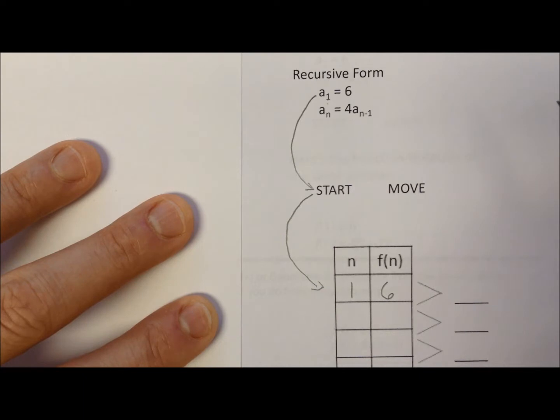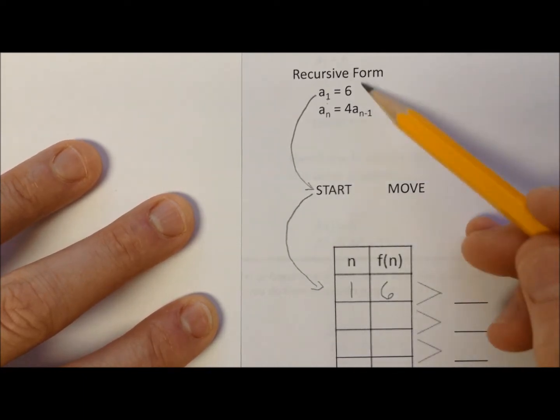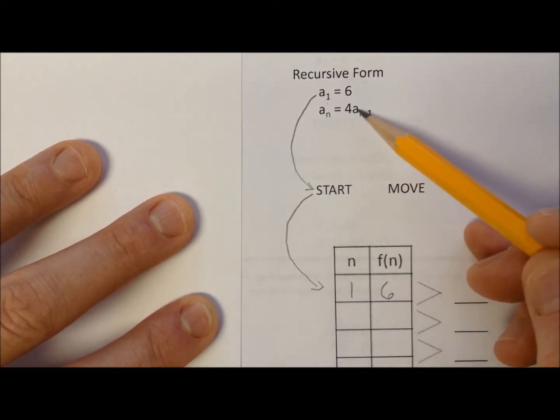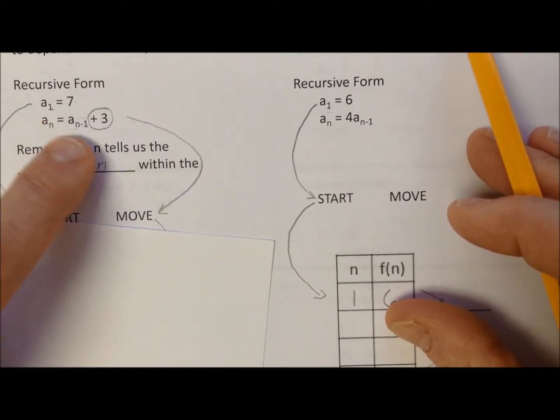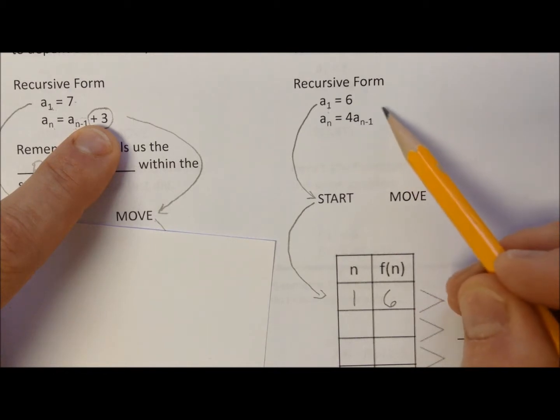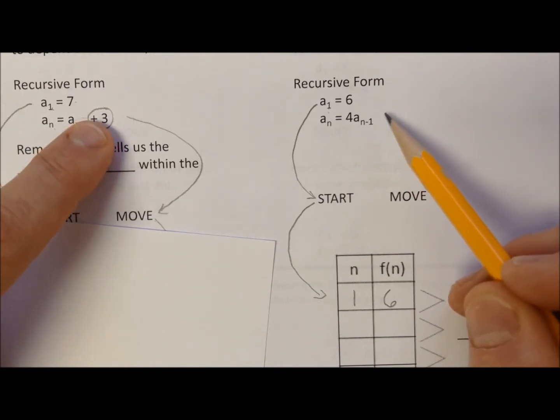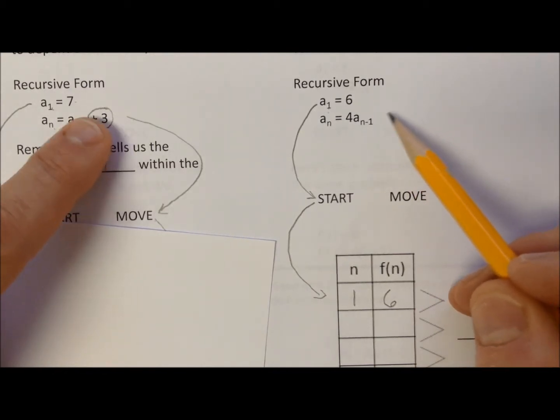Now, as we take a look at the second one, if you notice right here, we don't see a plus sign like we did over here. Remember over here we had a plus 3. I don't see that over here. I don't see a minus or anything like that. I don't see addition or subtraction.